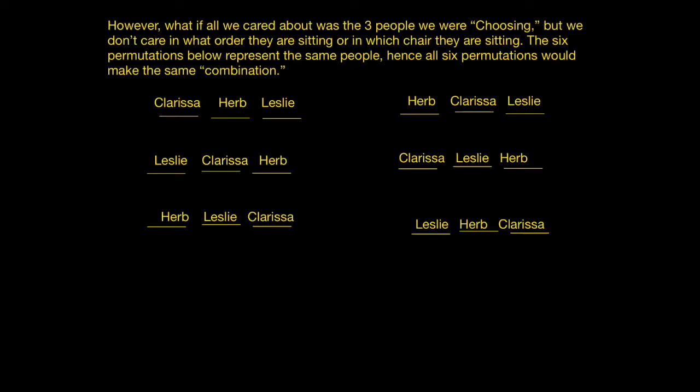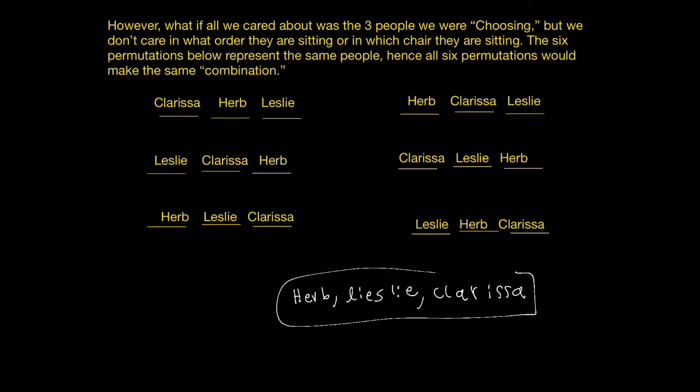So again, just to reiterate, let's say we don't care what order they are sitting in. Let's just say we want 3 people and we want them to sit in 3 chairs, and those 3 people happen to be Herb, Leslie, and Clarissa. All of these distinct permutations would become the same combination.